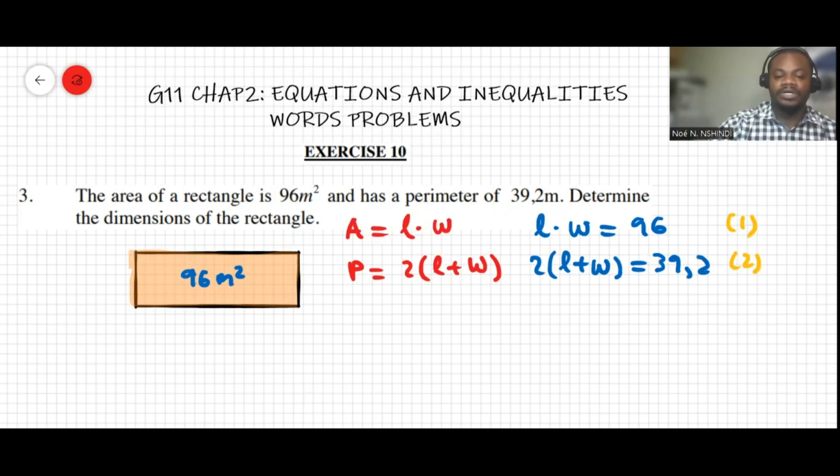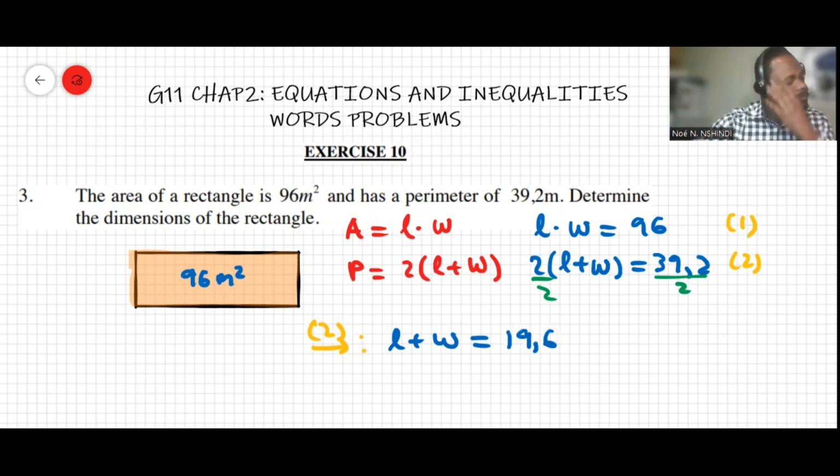In equation 2, we can divide both sides of the equation by 2, and then we'll have like L plus W will be equal to 39.2 divided by 2, it's gonna be 19.6. Okay, we can check.